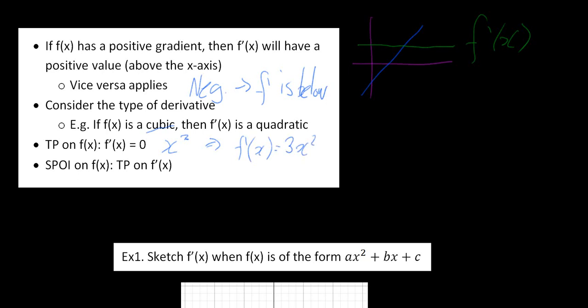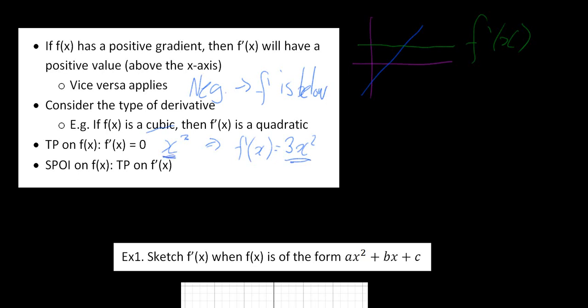You can see that, especially for polynomials, you can just decrease the power by 1 and say the derivative should have the shape of a quadratic. That's the case where the original is a cubic.